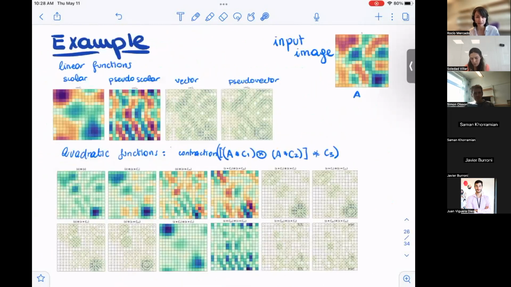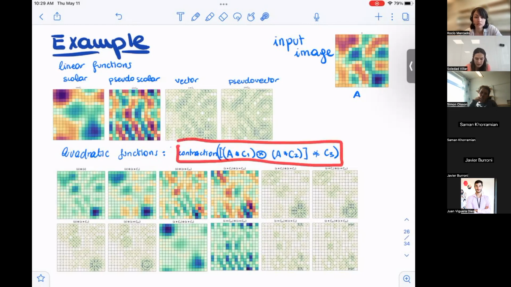Oh yeah. For instance, the architecture can be seen as: you have your input image A, and then you take a convolution with a filter C1, and then you take a tensor product with the same A convolved with the filter C2, and then maybe you convolve with another filter, and this gives you a 2-tensor. Then maybe you want to do a contraction using a Levi-Civita or a regular contraction.